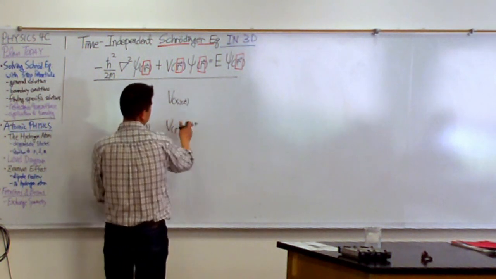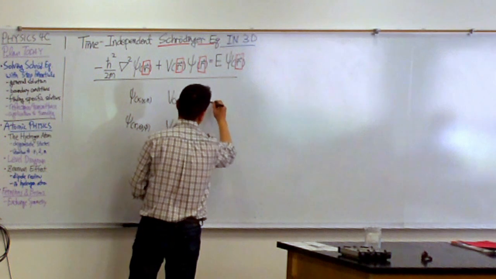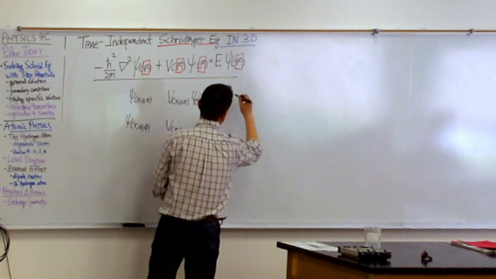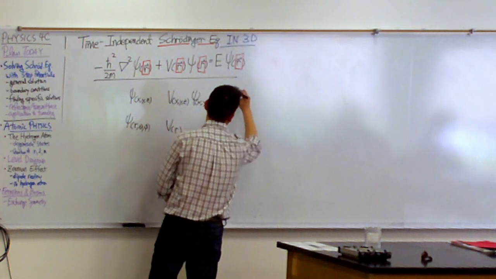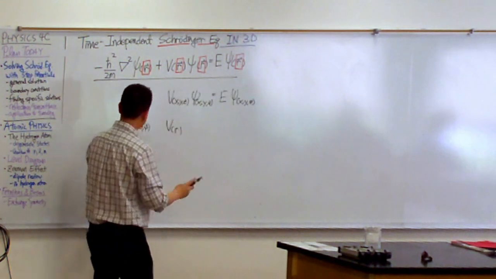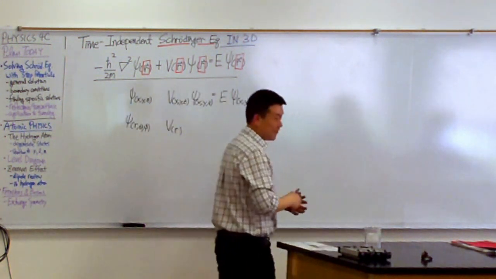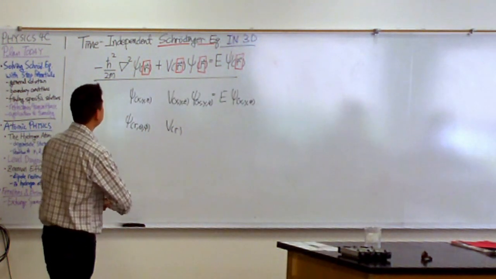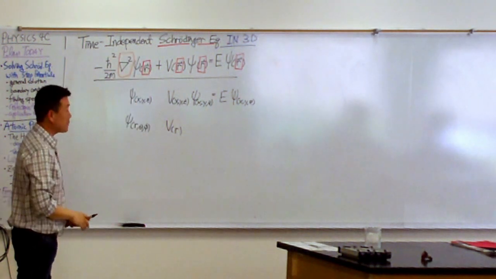But that's what all this complexity is that I am hiding behind this seemingly simplified notation, equal to E psi of x, y, z. And really the biggest simplification I have gained is this Laplacian. I was talking about it a little bit before class.